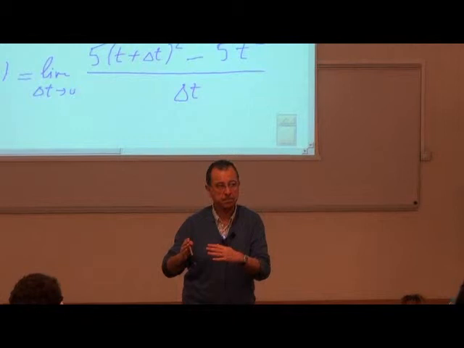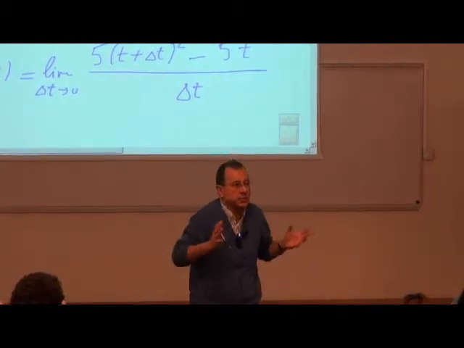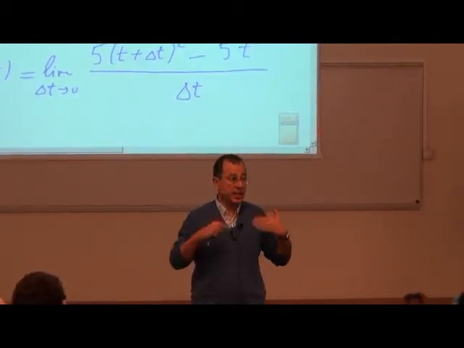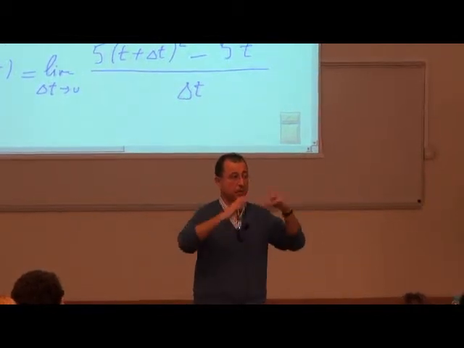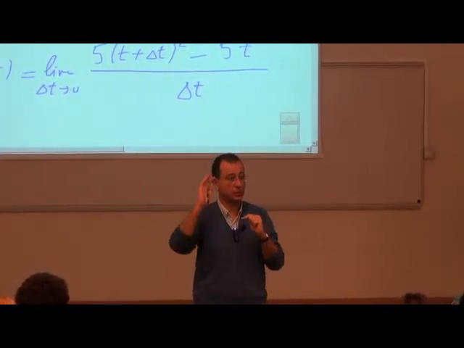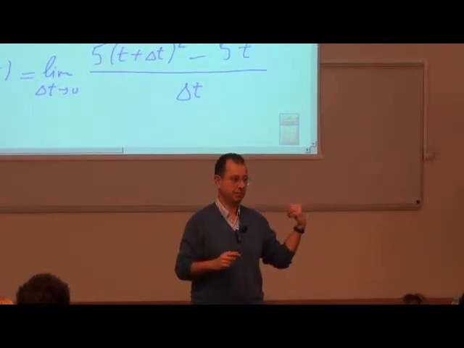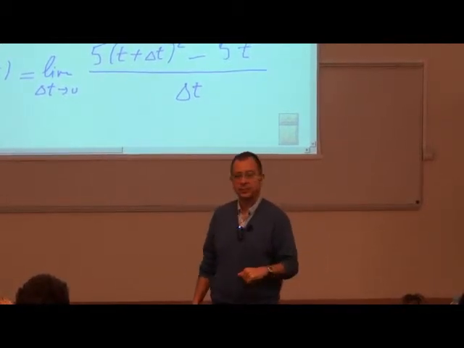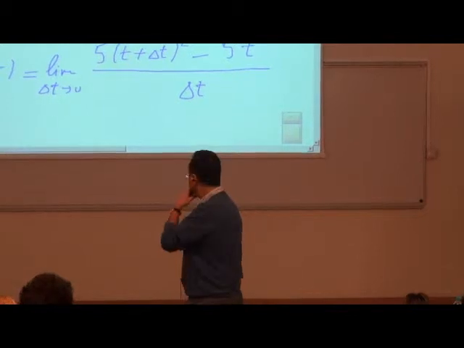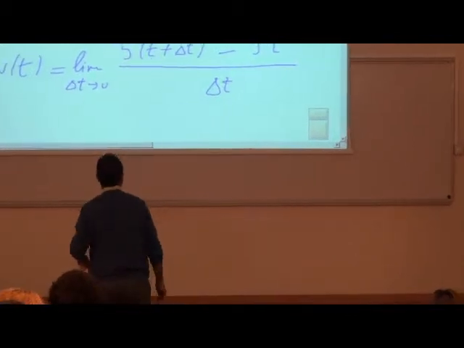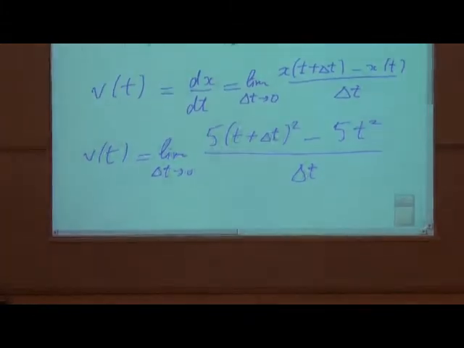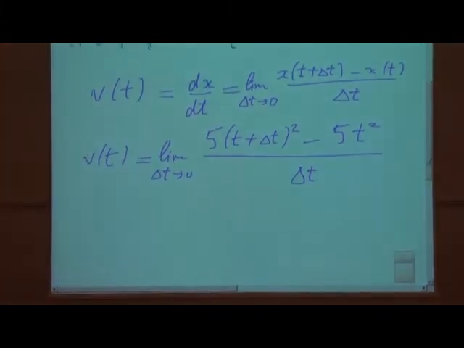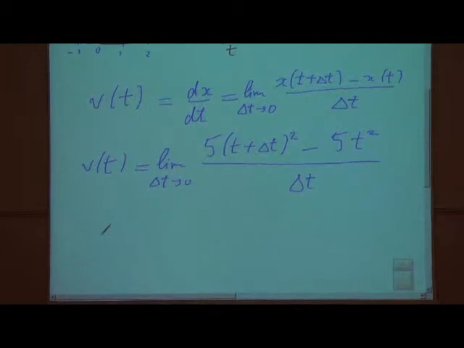When t was t plus delta t seconds, I don't know what t plus delta t is, then x at time t plus delta t must be 5 times t plus delta t squared in this example. So I'm just putting it in place. And now, let us start calculating.